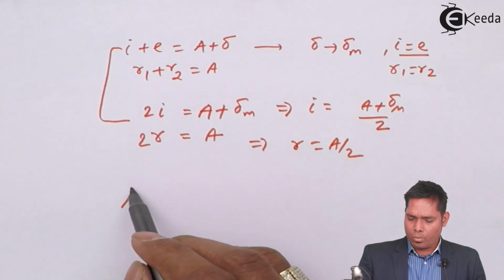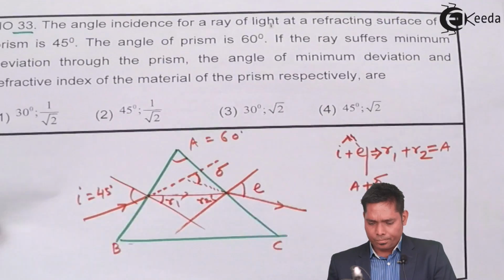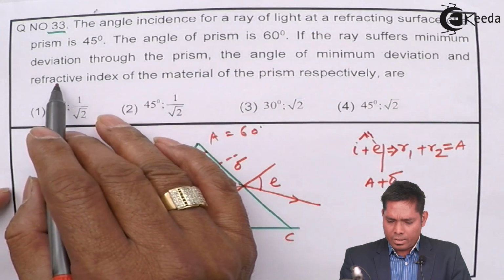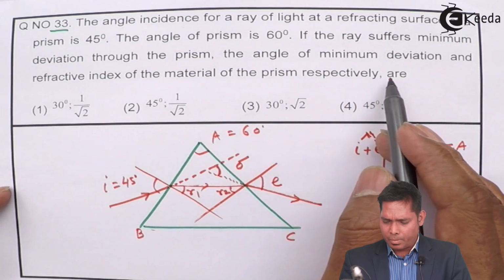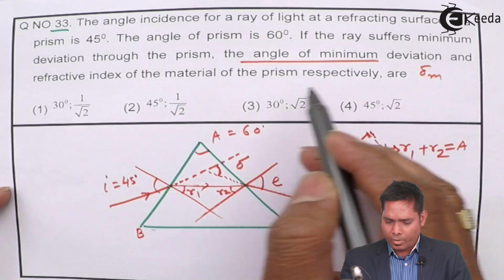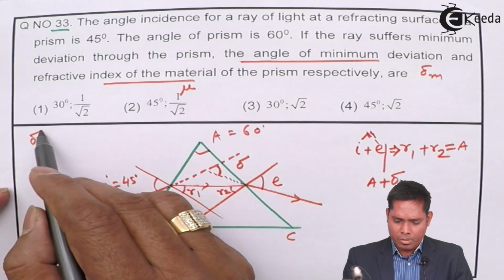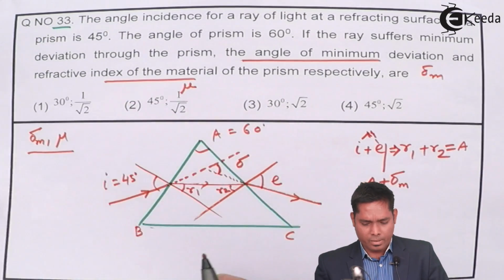So the angle of minimum deviation and the refractive index of the material of the prism respectively, that is delta m and mu. Your aim is to find delta m and mu.